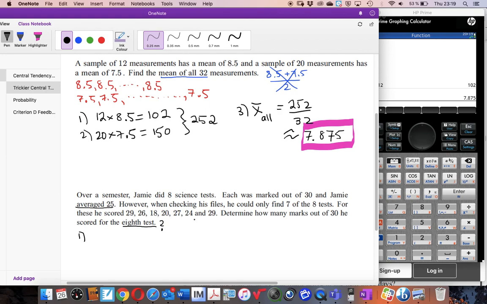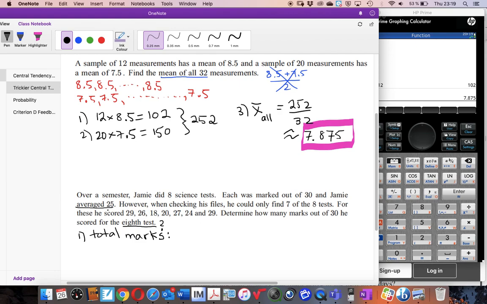So what are we going to do? We know a couple of ways that we could approach it. Okay, let's just find his total marks earned, okay? You don't have to do it this way, okay?